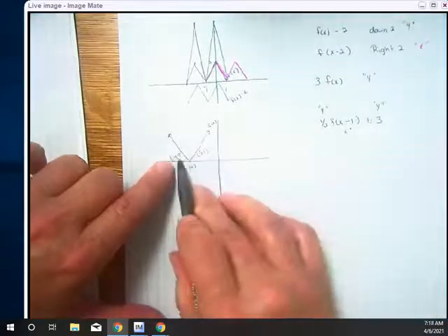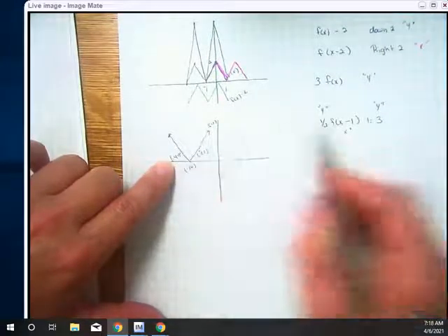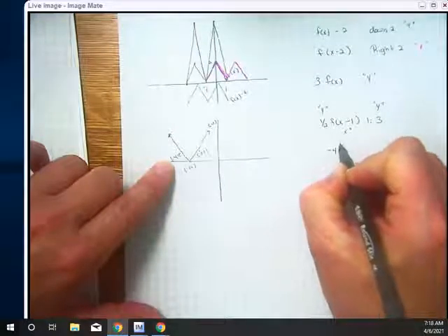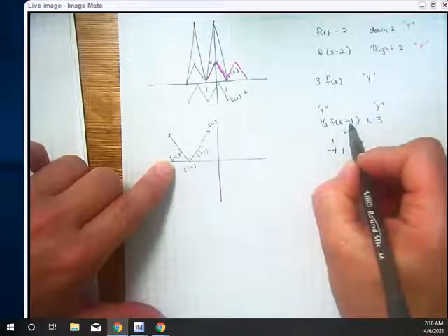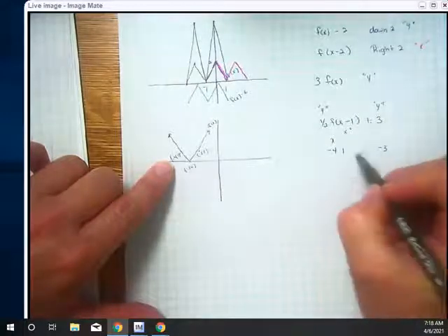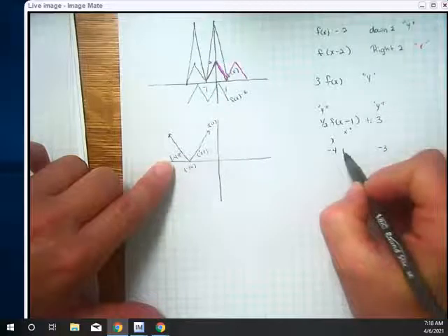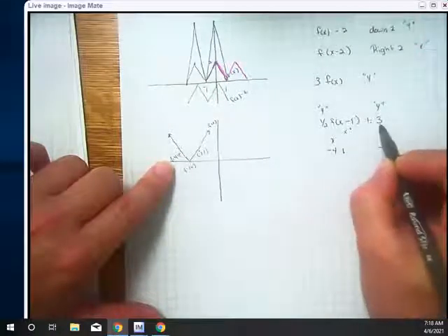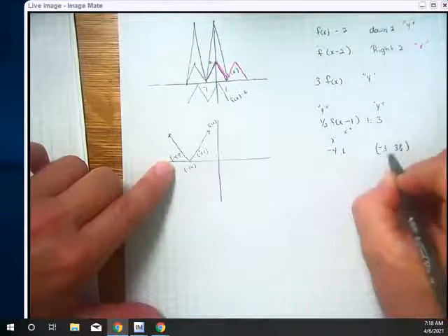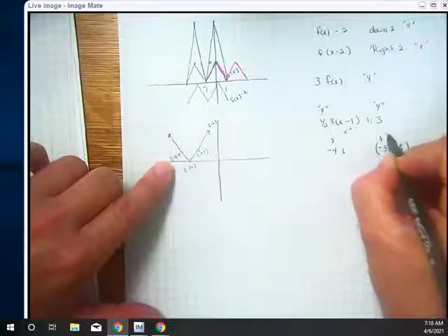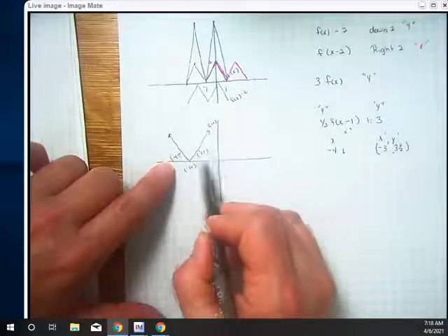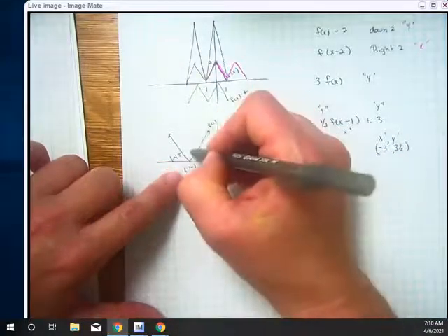I'm going to take my left point, negative 4, 1. The negative 4 is the x value, and I'm going to add 1, which puts me at negative 3. I'm going to take half of 1, which is a half, plus 3, which puts me at 3 and a half. So my new translated point is negative 3, 3 and a half.